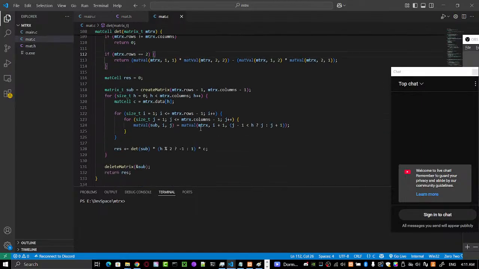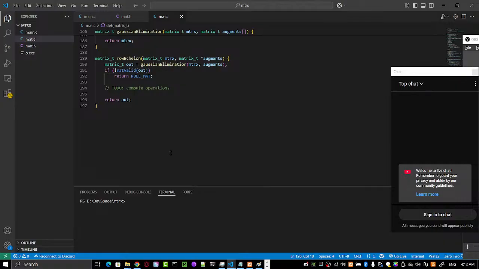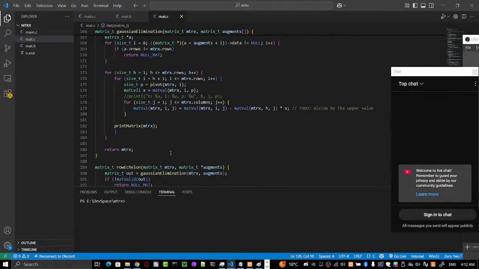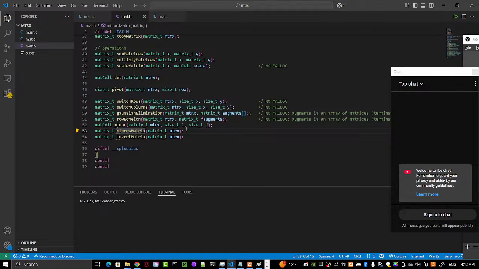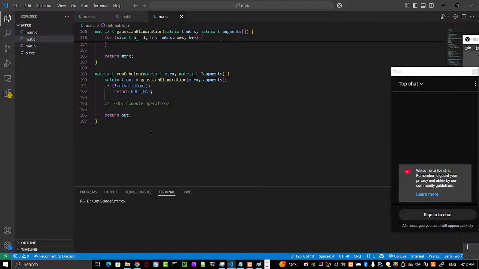So the determinant, this is the algorithm to calculate the determinant, right? So let's implement these two functions.